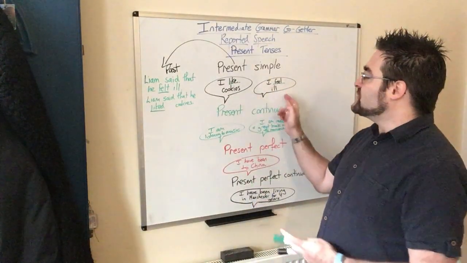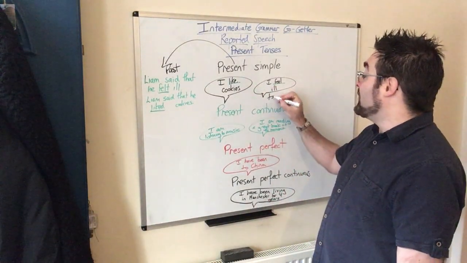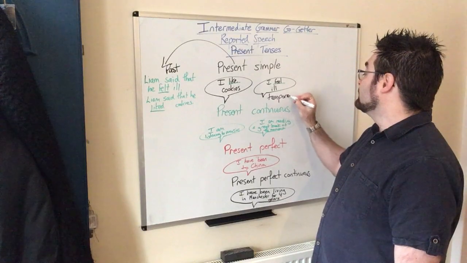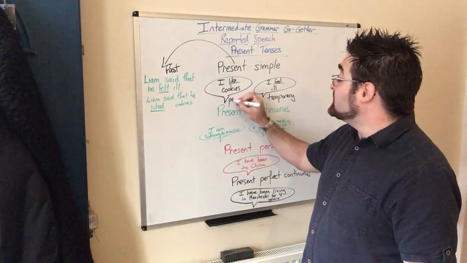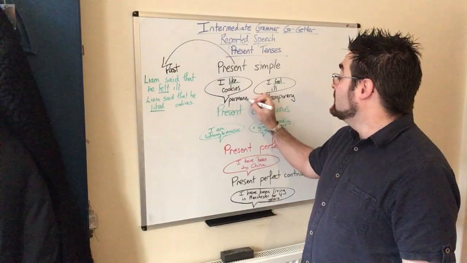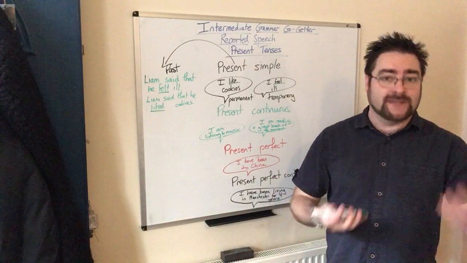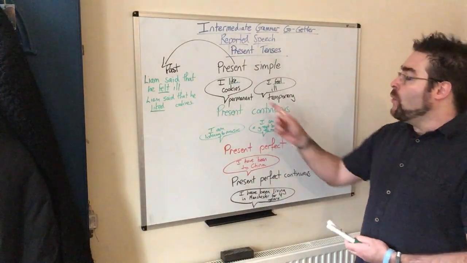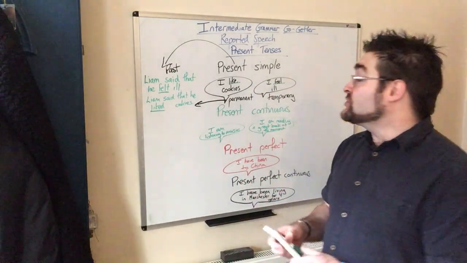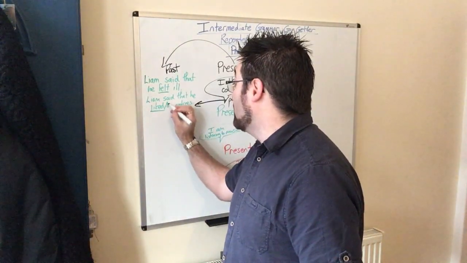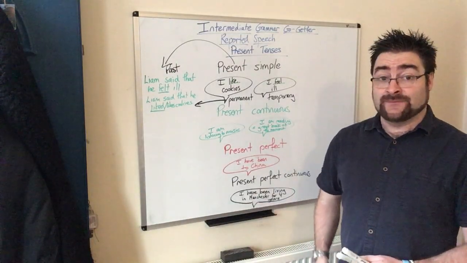And the difference between these two, this one is temporary, meaning it will change. This one is permanent, meaning that it will not change, or it's unlikely to change. So, when we are using a permanent one, we can also use the present simple. Liam said that he likes cookies.